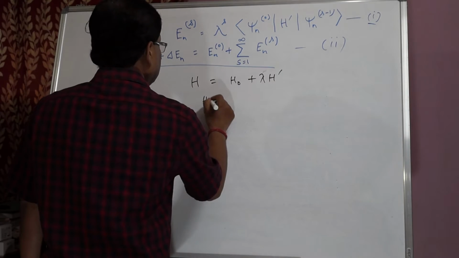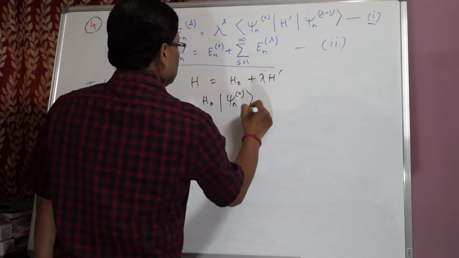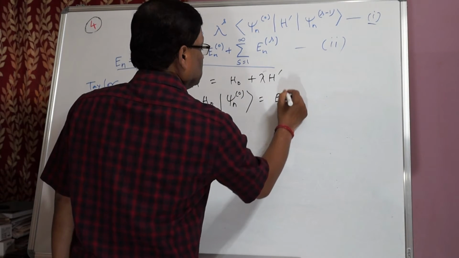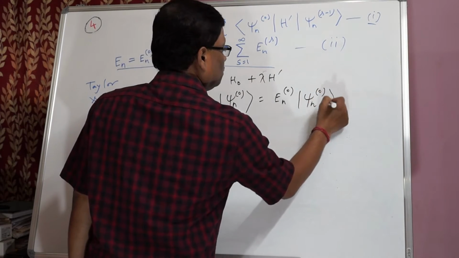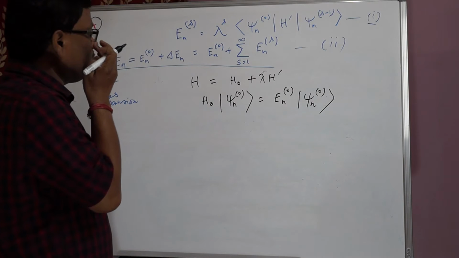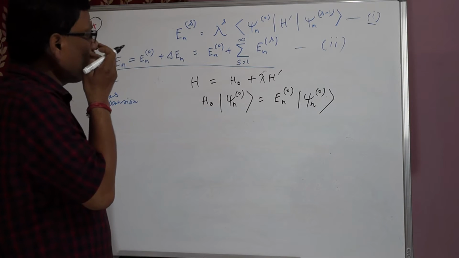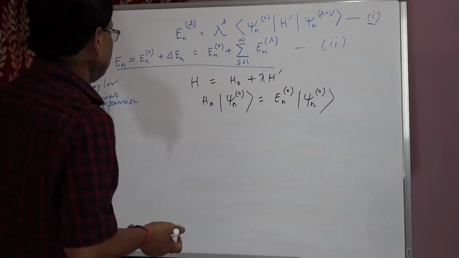That means H0 operating on psi n0 is equal to En0 psi n0. So En0 is the unperturbed energy eigenvalue and psi n0 is the unperturbed wave function of the unperturbed Hamiltonian H0.